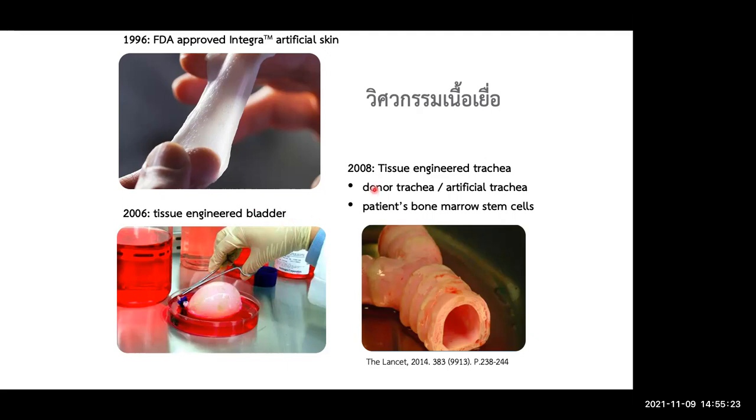In 2008, the trachea is in the patient. So there's some hope, but you will see these are the structural support of the tissue. The skin is not that complex. The bladder is just the shape and you put the cells in there, and the trachea looks like a tunnel.